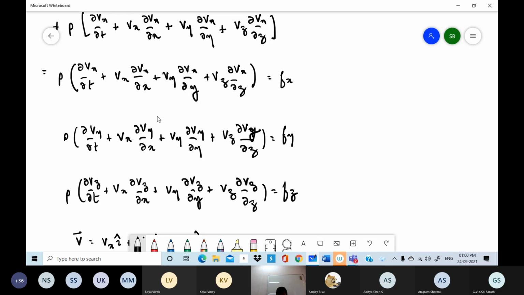So then these are the x, y and z components of the v dot grad v.